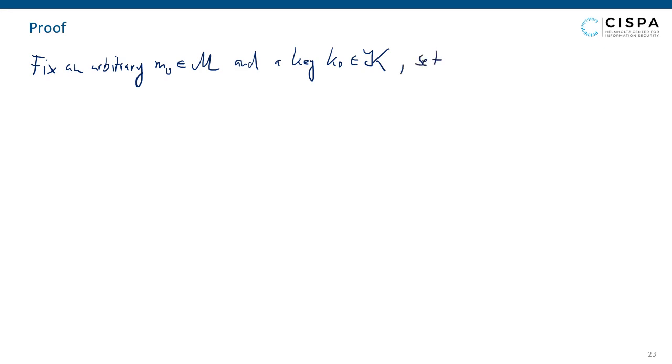So M0 and K0 are just fixed values, they're not random. And we set the ciphertext C to be just the encryption of M0 under K0. So M0 is a fixed message, K0 a fixed key, not randomly chosen, not generated by keygen, and we define C to be the encryption of M0 under K0.